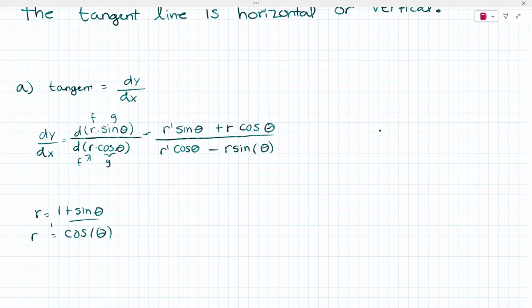So all you have to do is replace r prime with cosine theta. So over here, r prime you replace with cosine theta, times sine theta, plus r, which is 1 plus sine theta, times cosine theta.